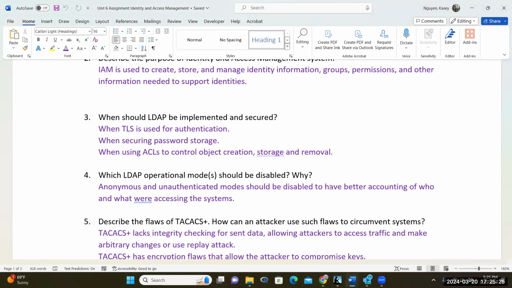So in security, AAA is integrated in everything that you use these days, right? You have to use multi-factor to log into things. Sometimes you have to log into other things to log into that original application that you want to access. So we want to disable things that we cannot account for.